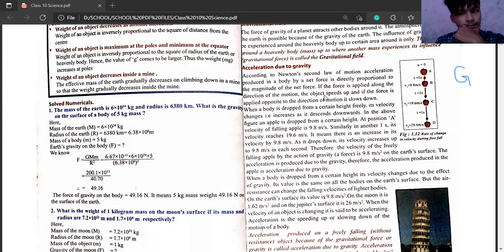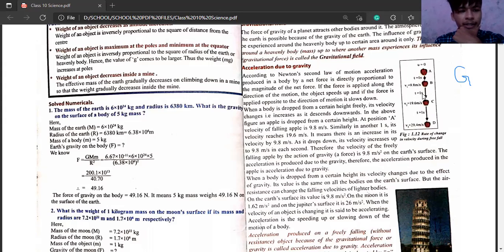Initial velocity will be 0 for everything, right sir? Now we are taking from B to C, not from A to C. So the initial will be 9.8 meter per second. I have asked for acceleration.